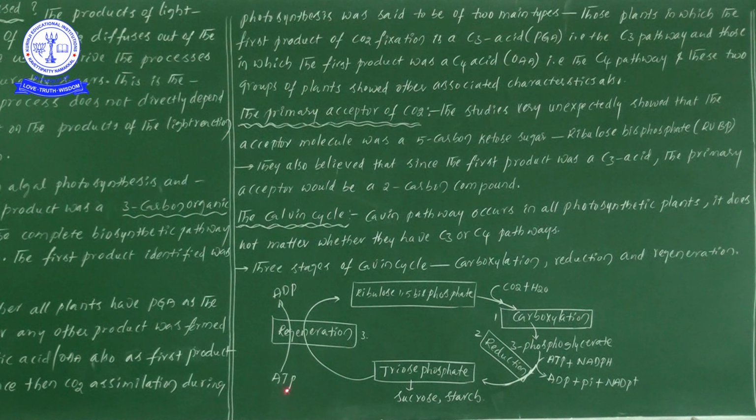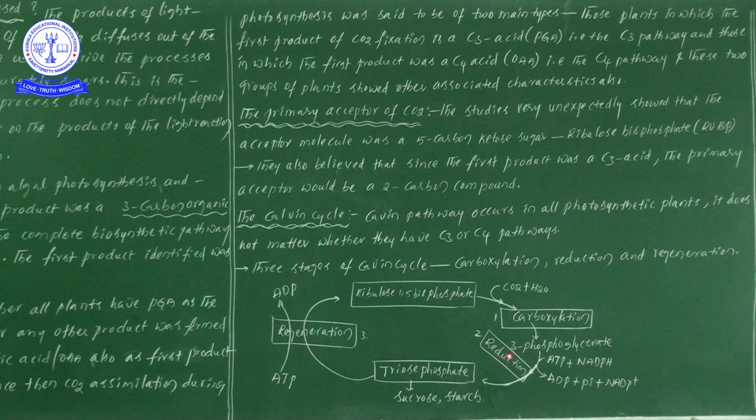So in reduction, ATP as well as NADPH are consumed, but in regeneration only ATP is utilized. But in carboxylation there is no ATP or NADPH consumption.